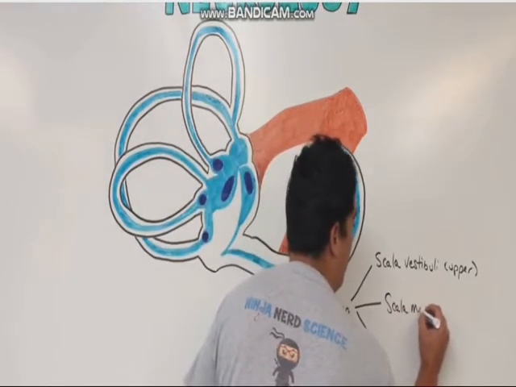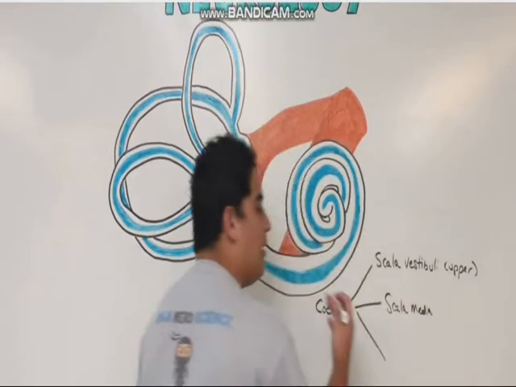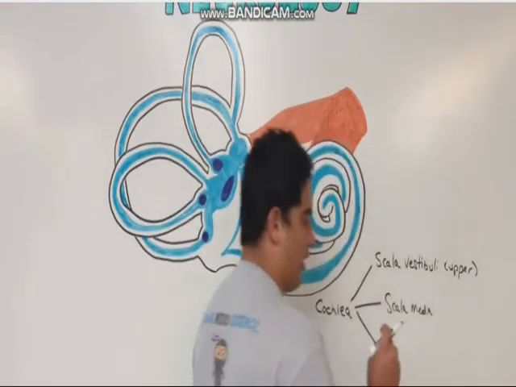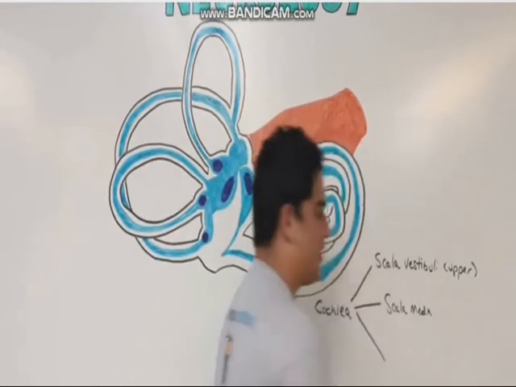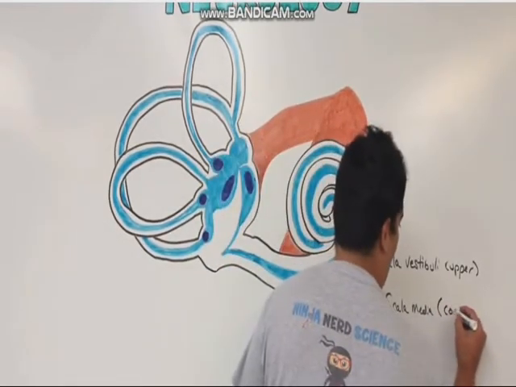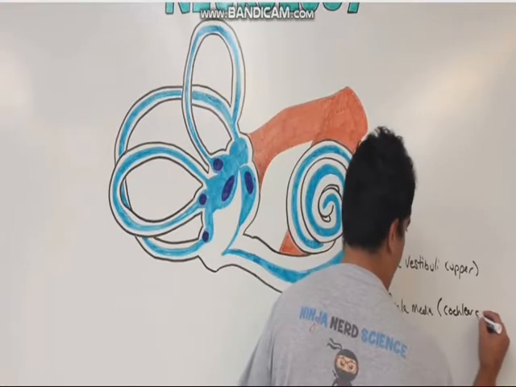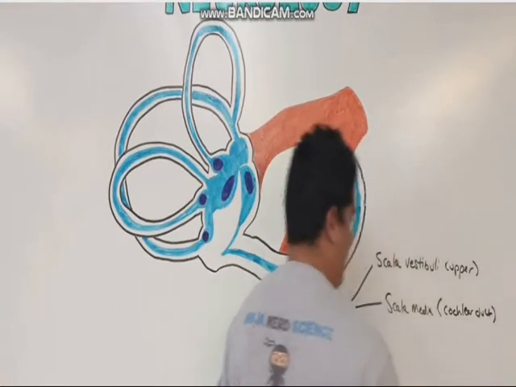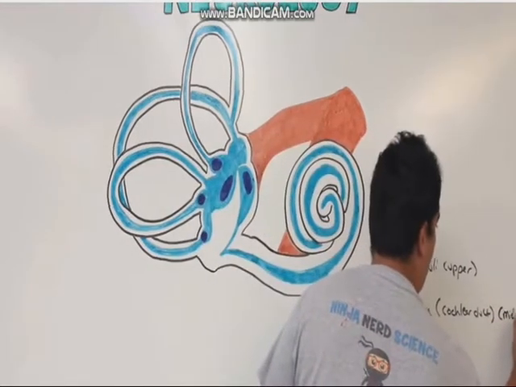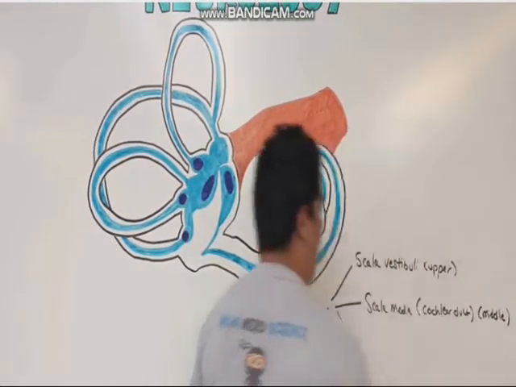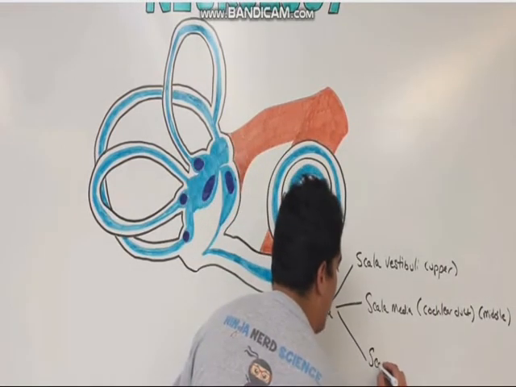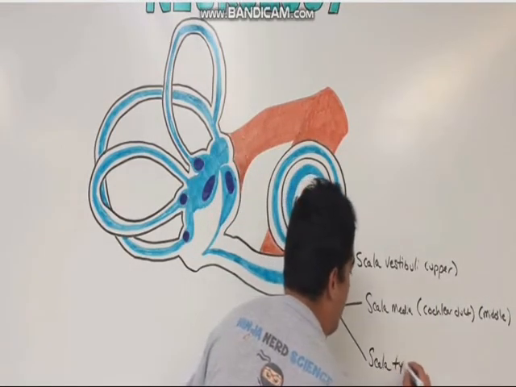The middle portion is scala media, which contains the organ of Corti, or cochlear duct. The lower part is scala tympani.